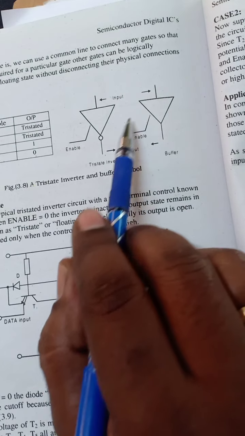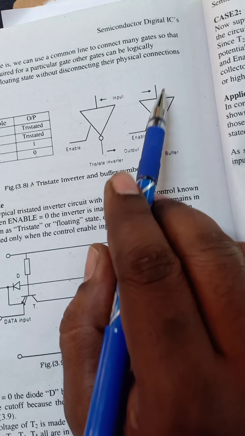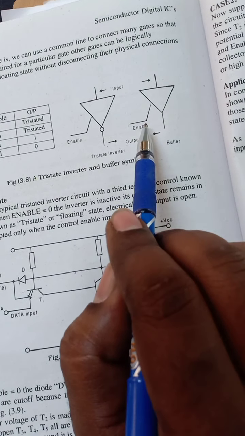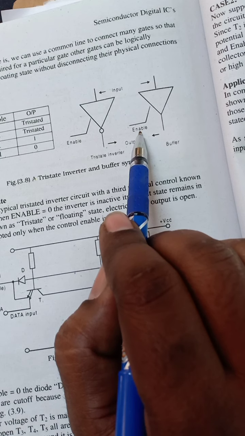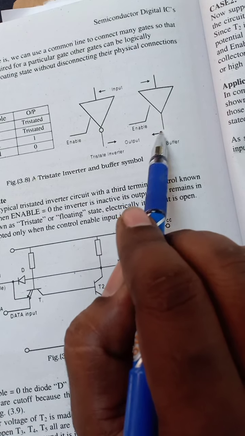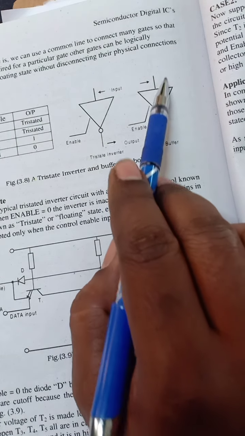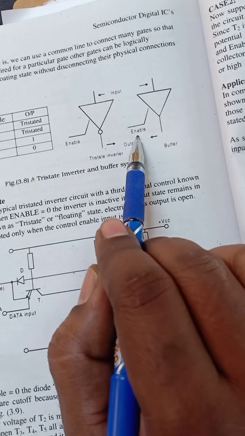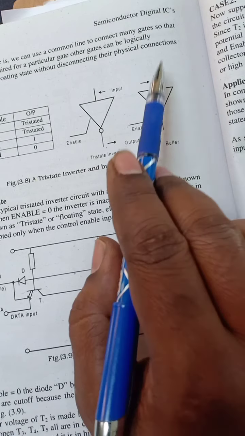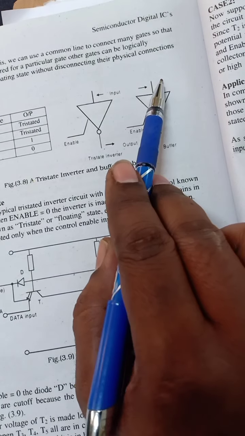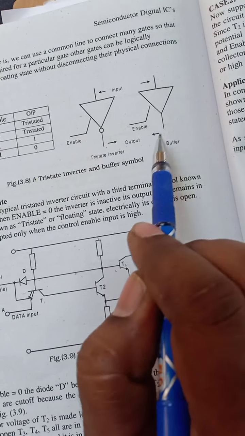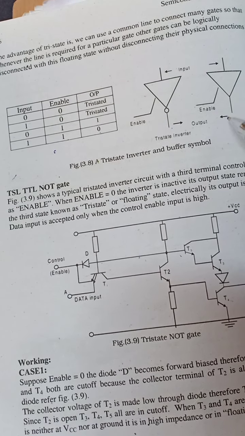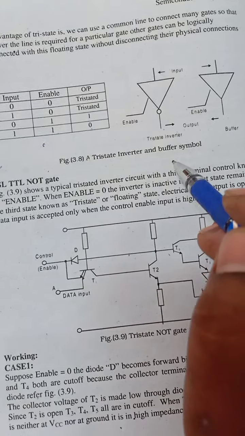When we apply enable 0, the output remains the same without considering the input. If we apply enable 1, then the output follows the input, output equal to input. That is known as buffer state. Afterward we are going to see the use of this tri-state logic.